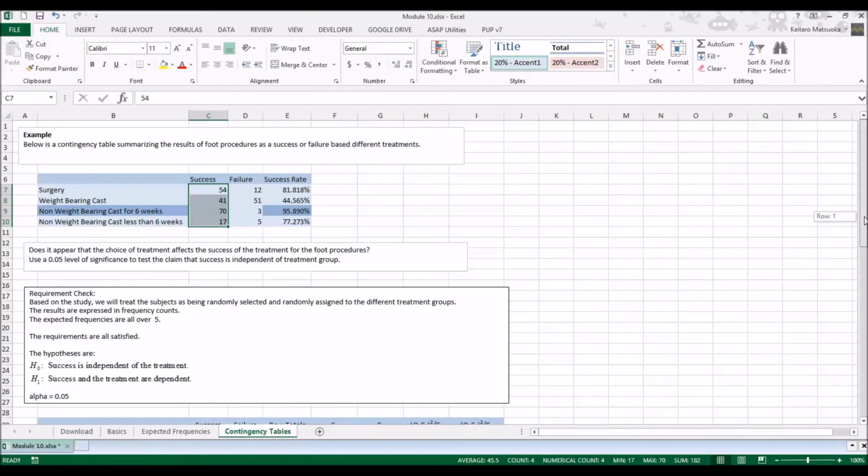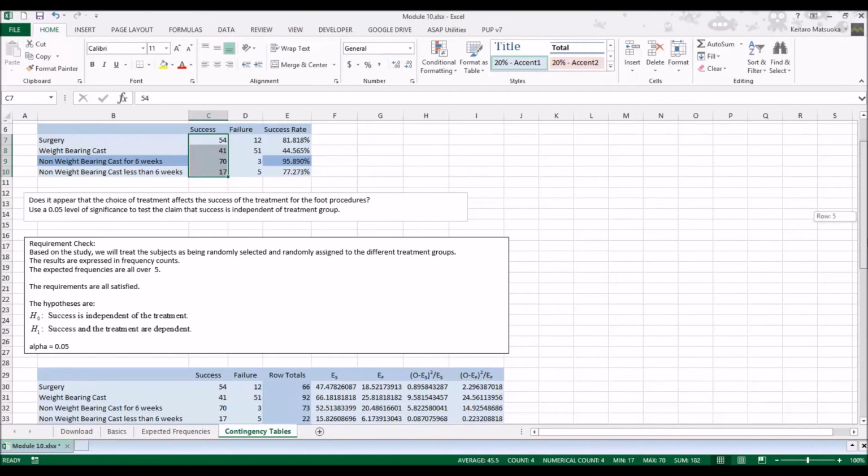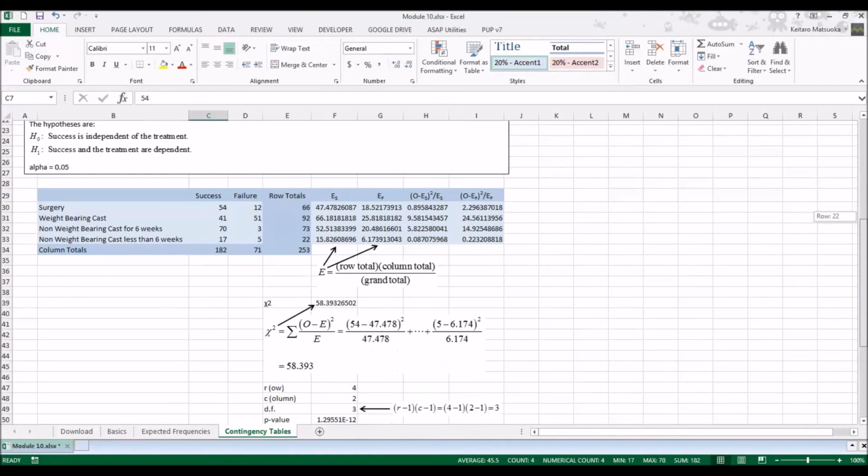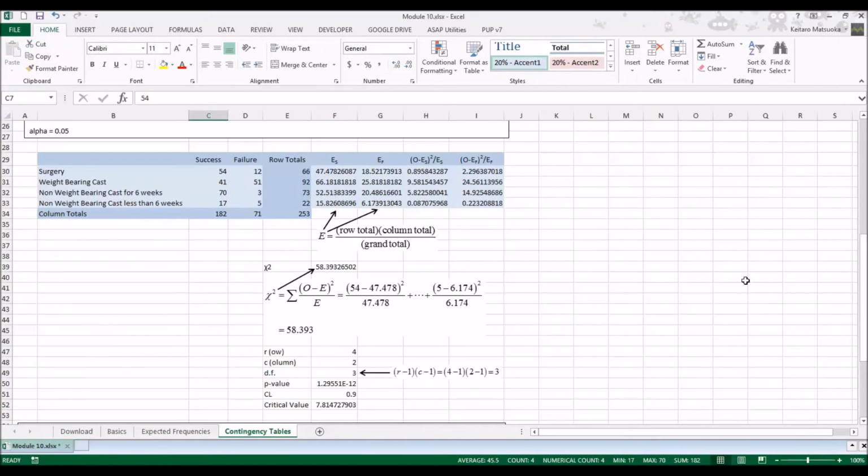So let's set up the hypothesis. The null is that success is independent of treatment. The alternative is that success and the treatment are dependent somehow. So here's the work you need to do to get to the decision. The light blue part is the numbers you're given.